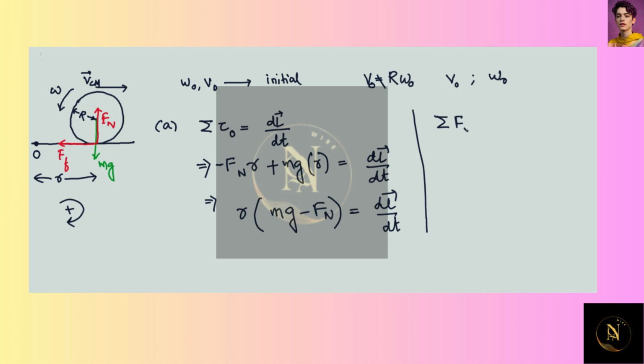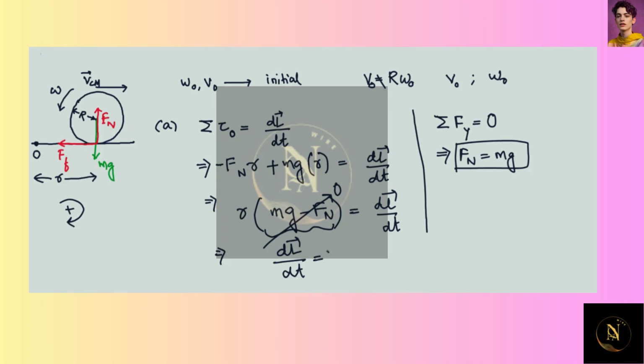So we can write the net force in the y direction to be equal to 0. This gives Fn equal to mg, which are the two vertical forces. Now, if you apply this condition, this term goes to 0. This means we can write dL over dt to be equal to 0, and therefore L is a constant.